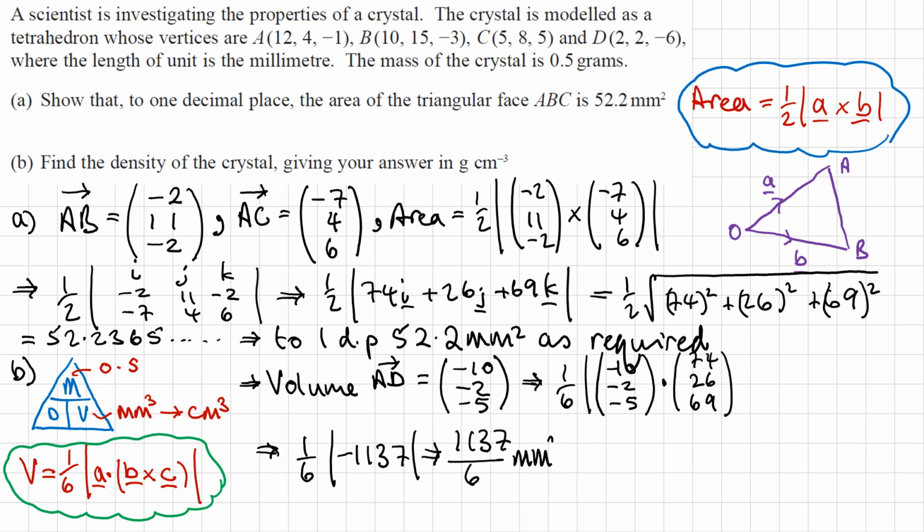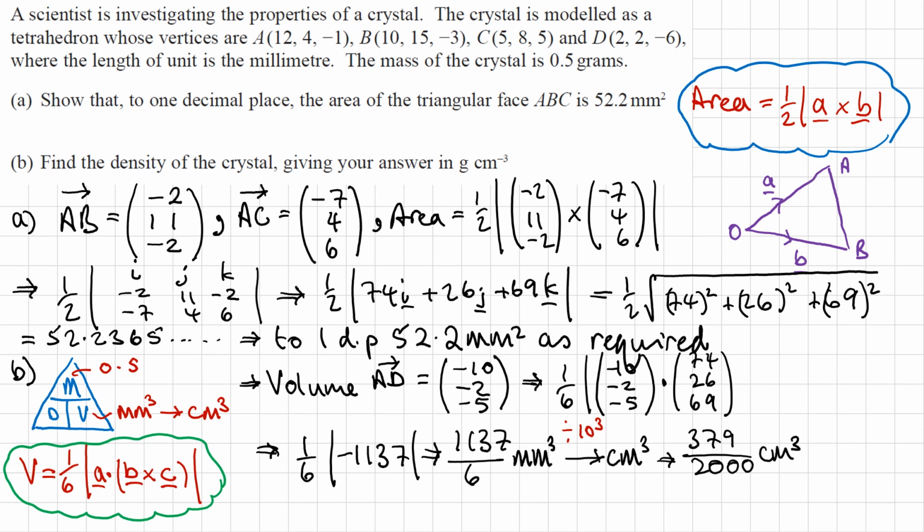We need to change it to centimeters cubed. So that means dividing by 10 cubed. That gives exactly, as a fraction, 379 over 2000. So that's the centimeters cubed.